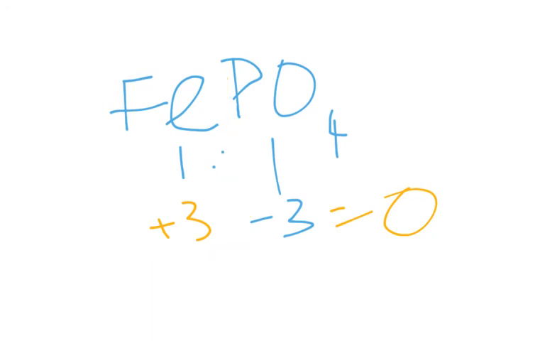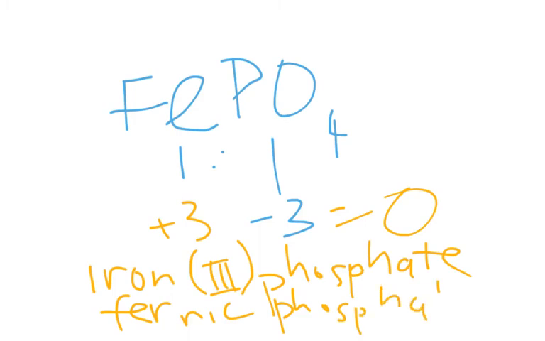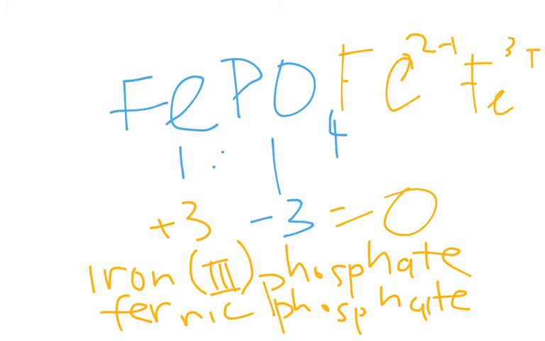So let's write out the name now. So this would be iron 3 phosphate. Or, using the traditional system, we could call it ferric phosphate, because iron exists in 2 plus and 3 plus, and since 3 plus is the greater of the two, we use the ic suffix.